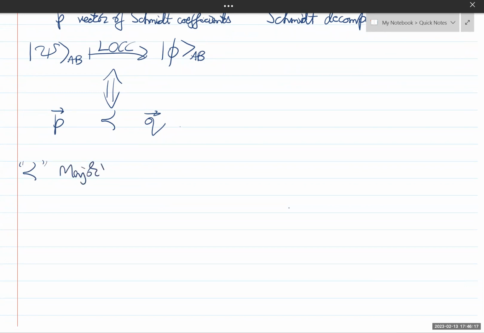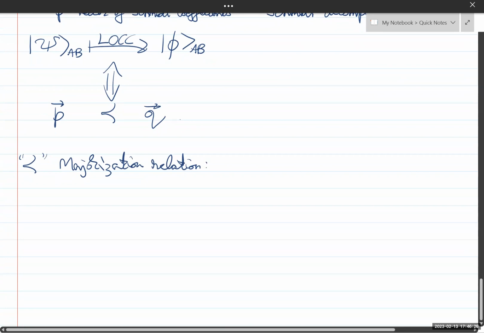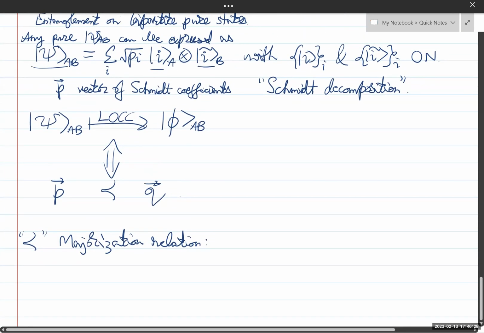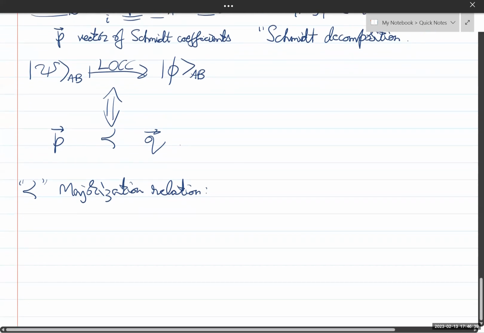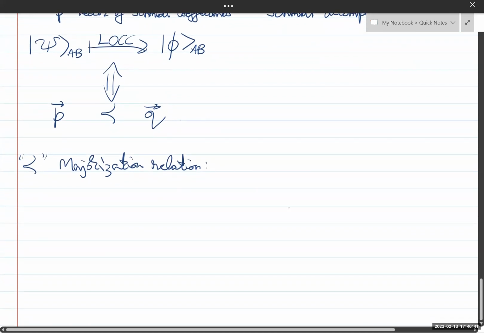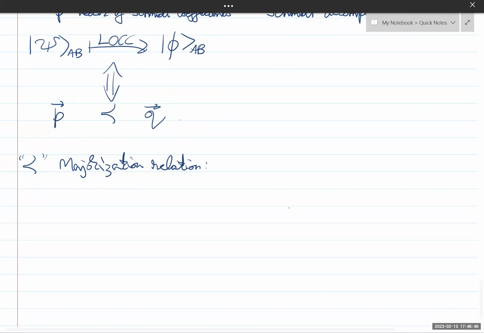It is called the majorization relation. So it is a relation between classical distributions, right? Because for normalized pure states, these P's and Q's are going to be classical normalized distributions.